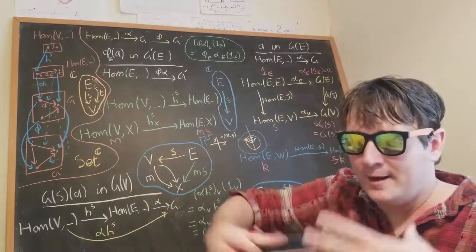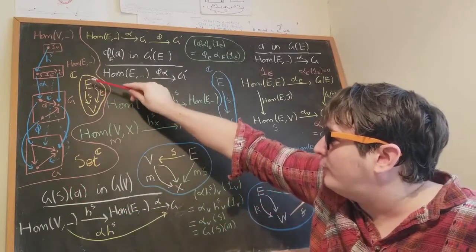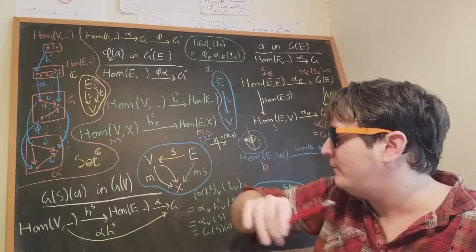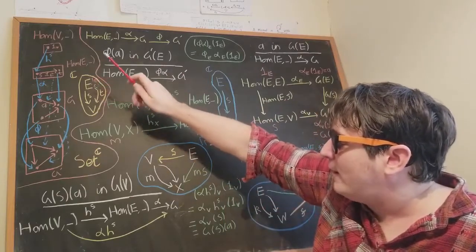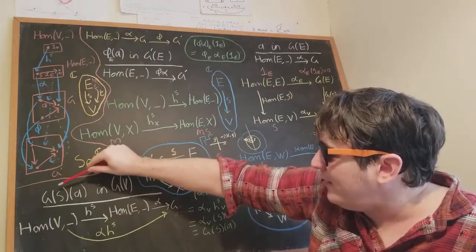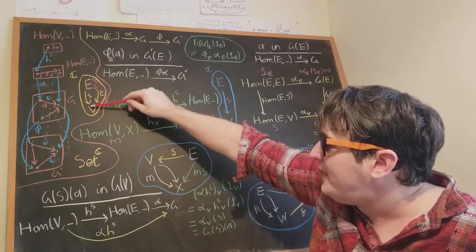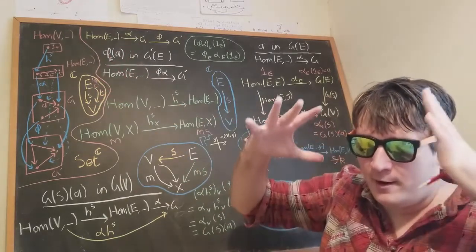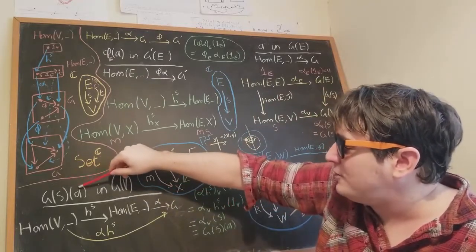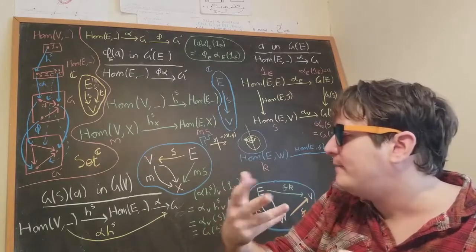Now, when I say doing the S action on that A, I really mean we have this arrow S from E to V, and when we lift this under our functor G, we get this function G of S. That's a function from G of E to G of V. And when I say doing the S action on A, I mean calculating G of S of A. It lifts to become this function G of S, and when we apply it to A, I think of that as doing this S action on A, and that's going to give us a V-type element, an element of G of V in general.